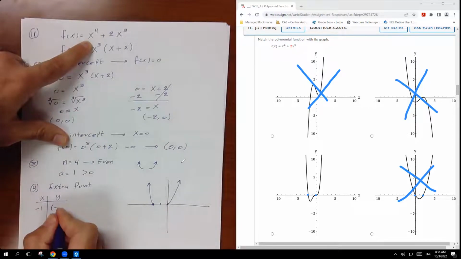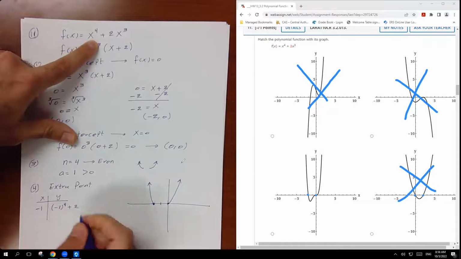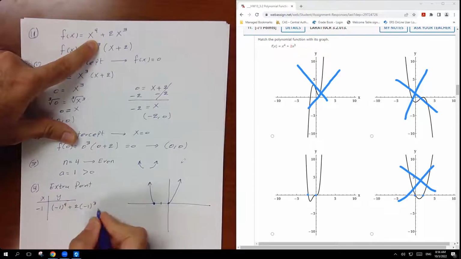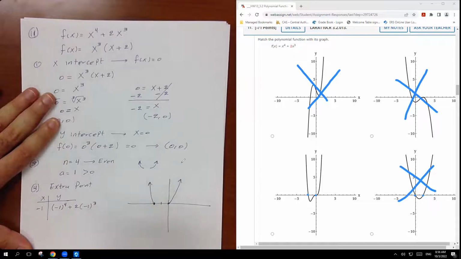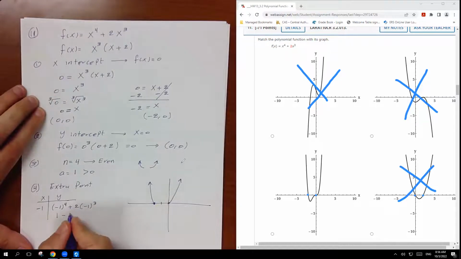It's going to be (-1) to the power 4 plus 2 times (-1) cubed. (-1) to the power 4 is going to be 1. (-1) cubed is -1, times 2, -2. And it's going to be -1. So when you choose the point x = -1, the y is -1.